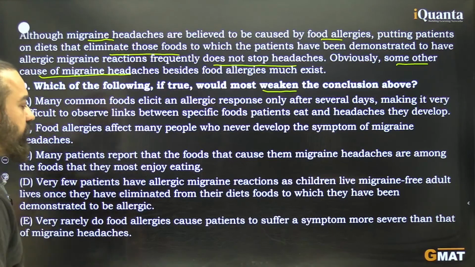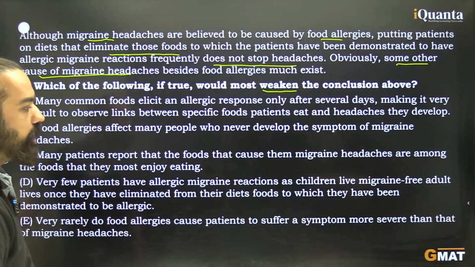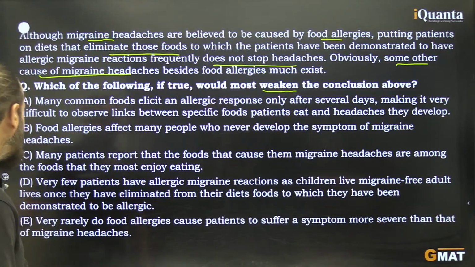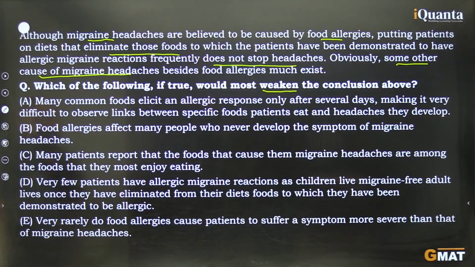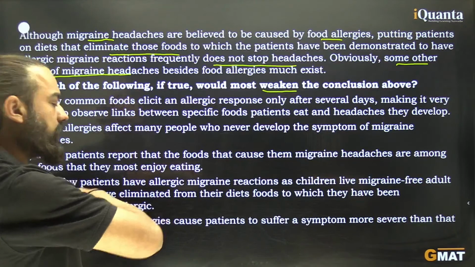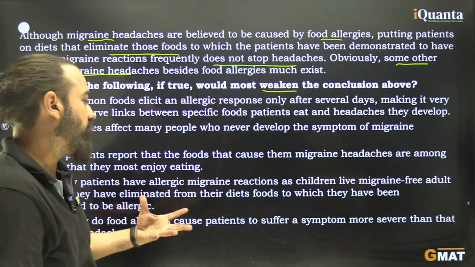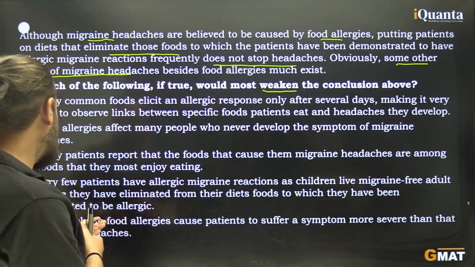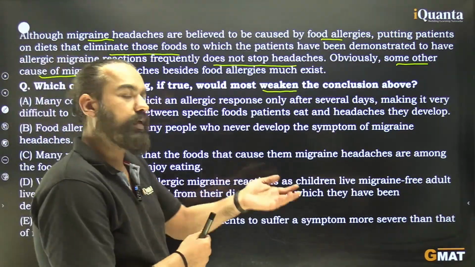Very few patients who have allergic migraine reactions as children live migraine free adult lives once they have eliminated from their diet foods to which they have been demonstrated to be allergic. This is saying that yes, if we take away the food which they are allergic to, they have allergic migraine reactions, right?